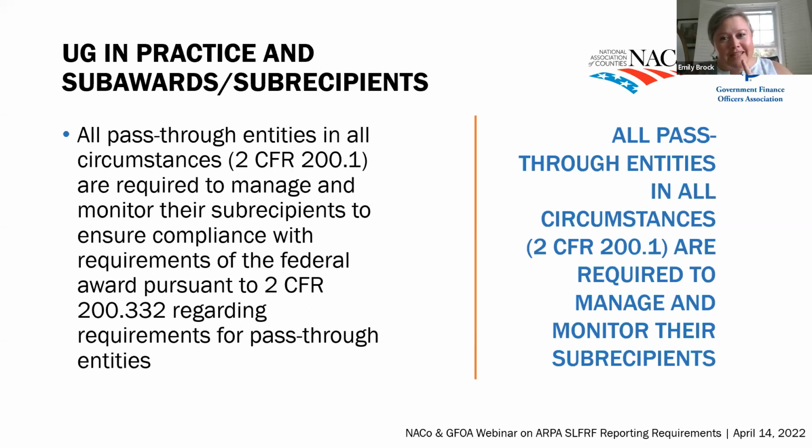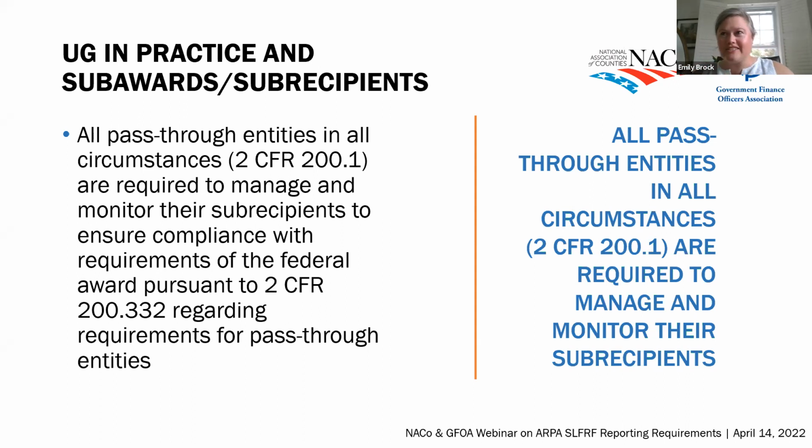But the most important thing about uniform guidance when it comes to subawards and subrecipients is that if you do have a subrecipient relationship that's been established, it's repeated both in uniform guidance as well as in Treasury that it's your responsibility to monitor their compliance.